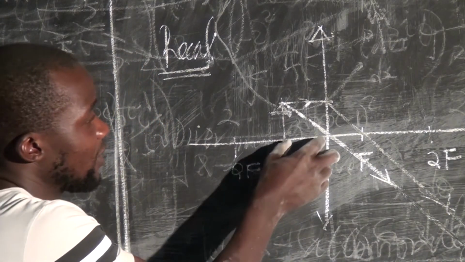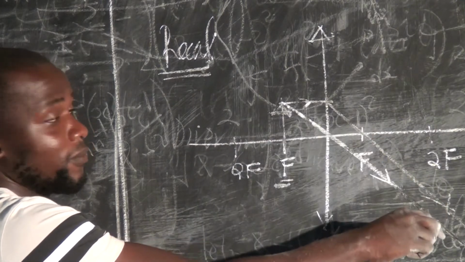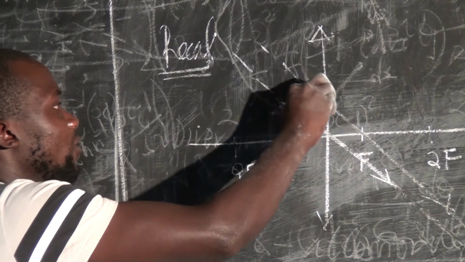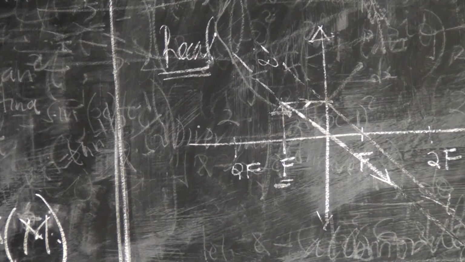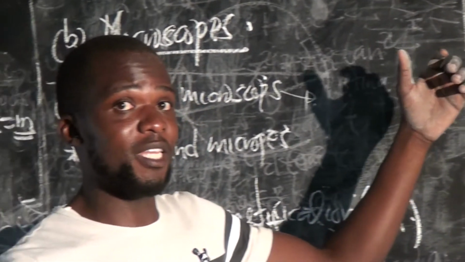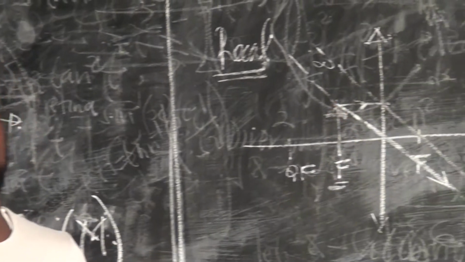That is, if this distance is the same distance here, the lines will be parallel, and when you try to extend it to the other side, they will still be parallel. So the image here will be formed at infinity. Yes? So whenever we are yearning to form our image at infinity, just know that the object that we are dealing with must be put at F.